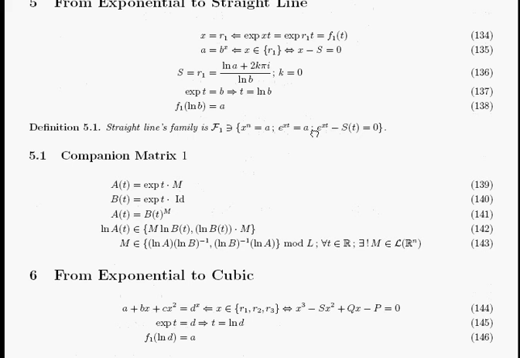Companion matrix 1. Whenever a of t is the exponential of t times M, whenever b of t is the exponential of t times the identity, whenever a is b powered to the matrix M, what can we say?